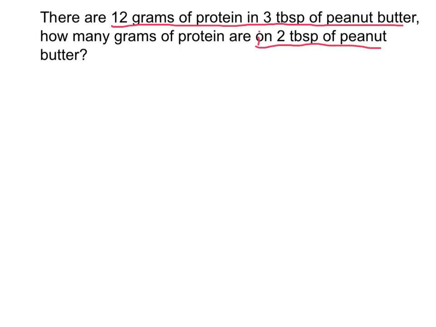So when we build a proportion from a word problem, we have to decide how we're going to build the proportion, because we need to build both sides the same. I have grams and tablespoons, and I'm looking to find how many grams are in 2 tablespoons. So if I put grams of peanut butter on top of tablespoons on the left side, I need to do the same thing on the right side.